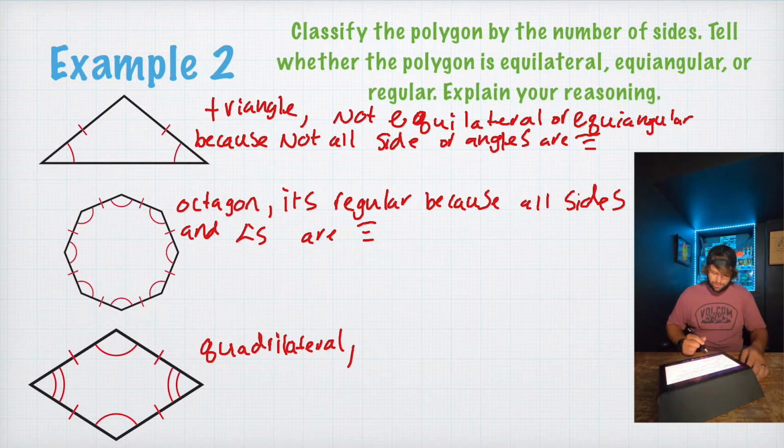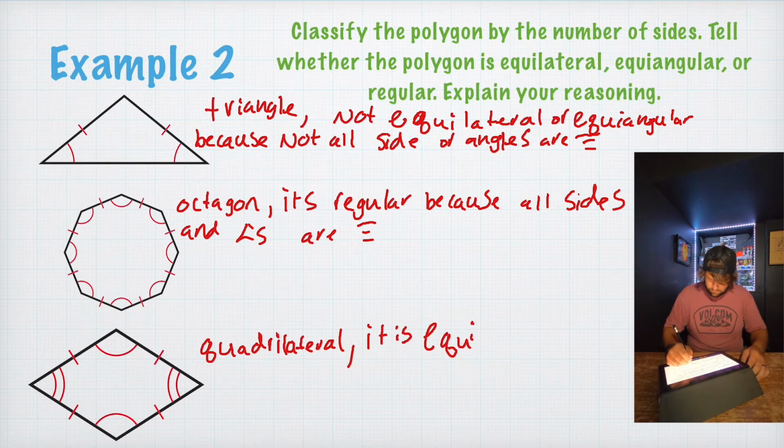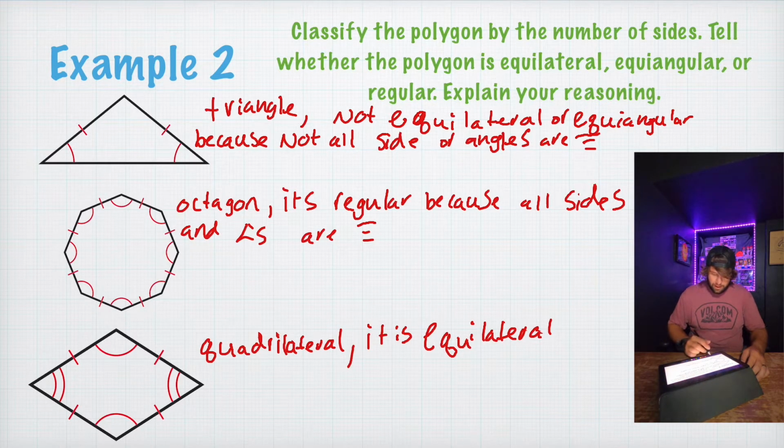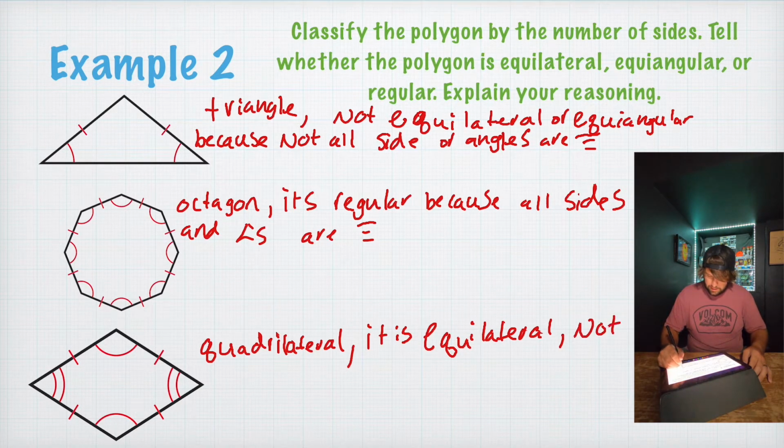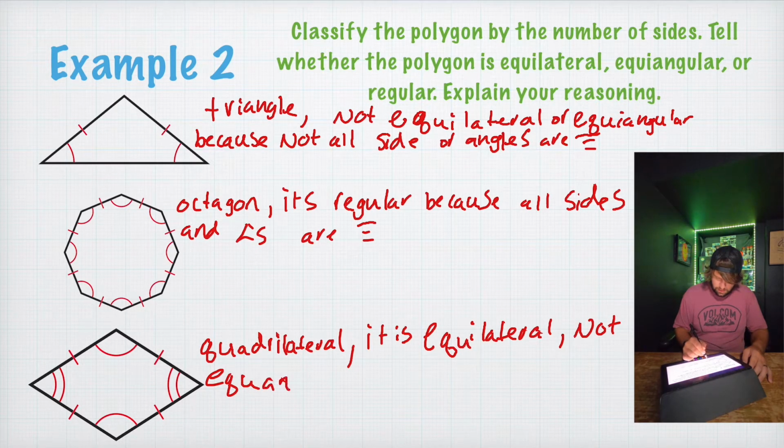So this quadrilateral, all 4 sides are congruent, so it is equilateral. But not all 4 angles are congruent, because this angle is congruent to this angle, and this angle is congruent to this angle, but not all 4 are congruent to each other. So, not equiangular.